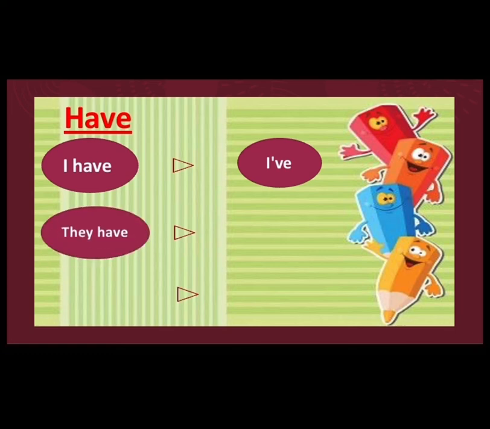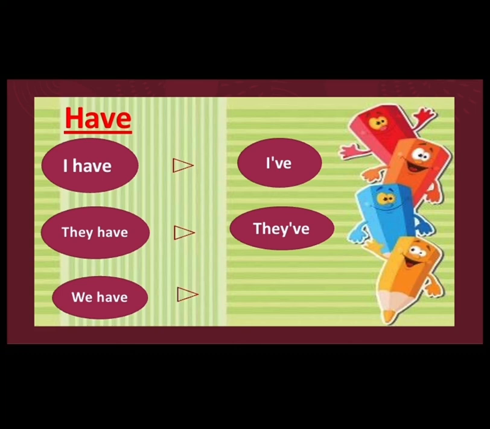So to join these two words, we have to drop H and A and we have to add an apostrophe and that will become they've. We have. To combine these two words, we have to drop H and A and it will become we've.